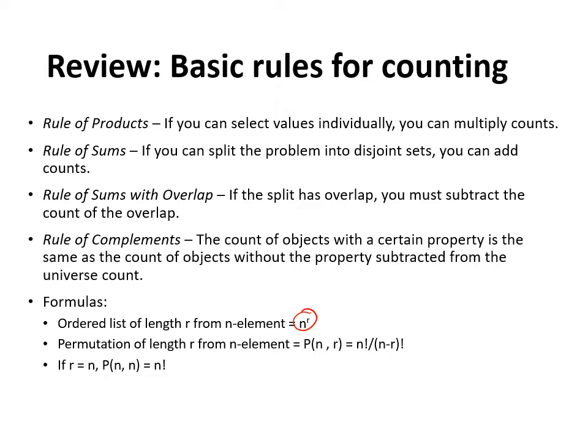The number of permutations of length r chosen from n elements is denoted as P(n, r), which is equal to n factorial divided by (n minus r) factorial. As a special case, if r is equal to n, then the number of permutations is just n factorial.